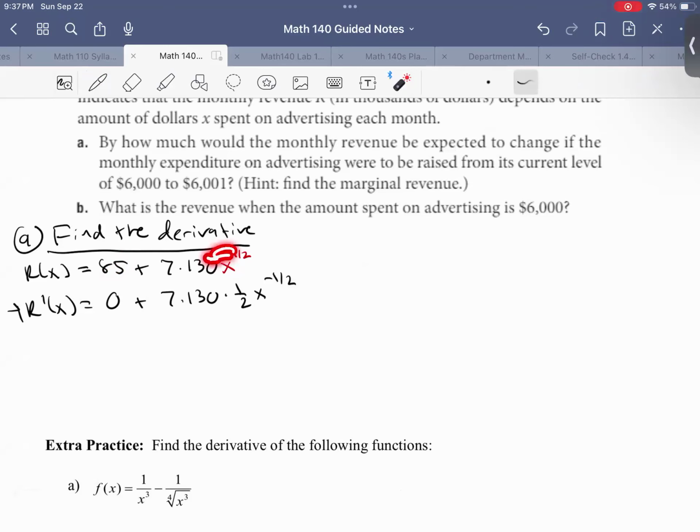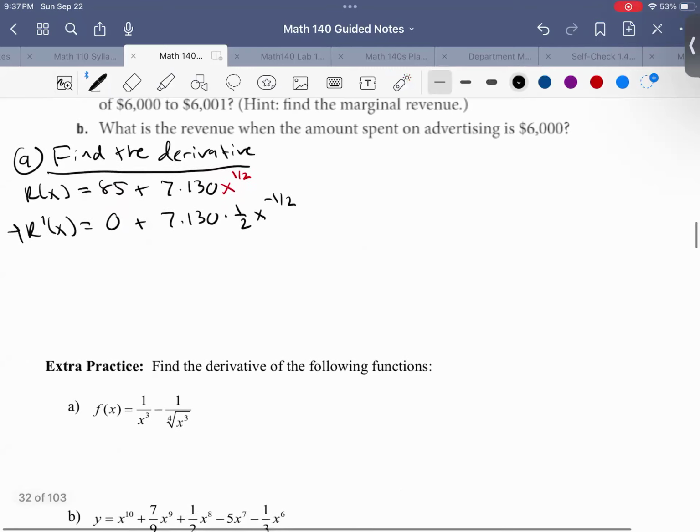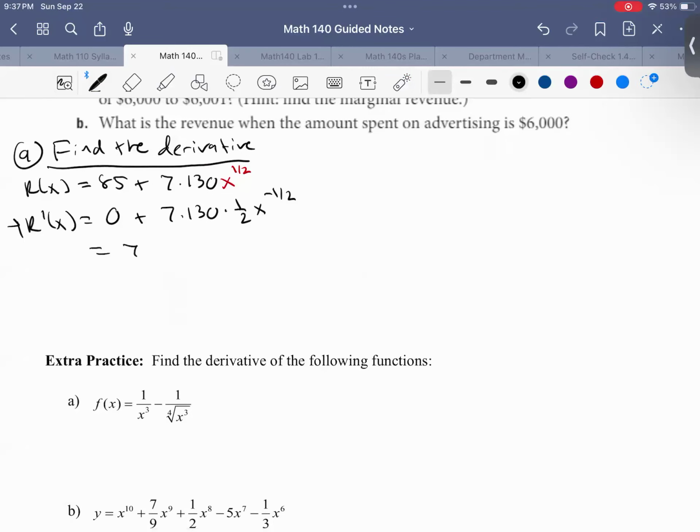The exponent drops down and I subtract 1 from it. So 7.130 times 1/2 becomes 3.565 x to the negative 1/2.